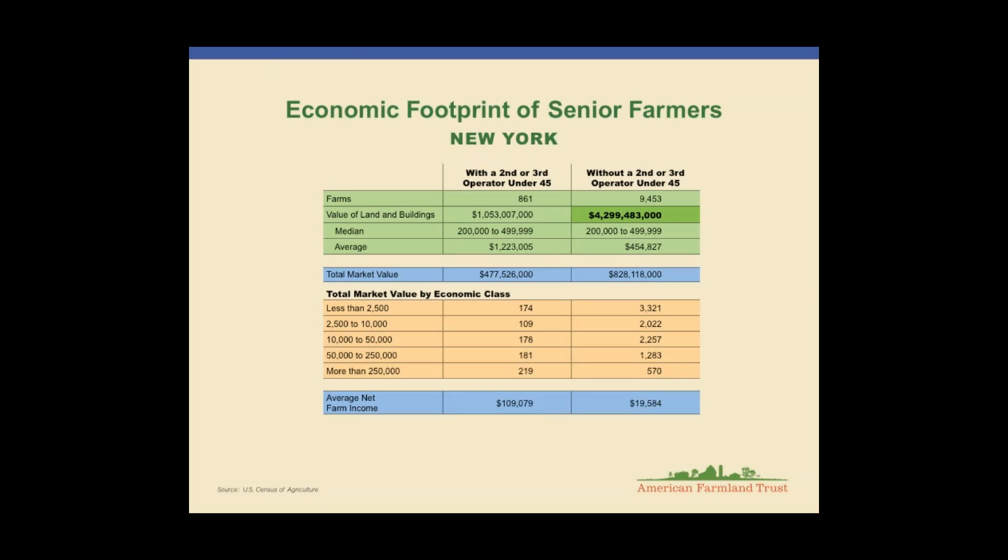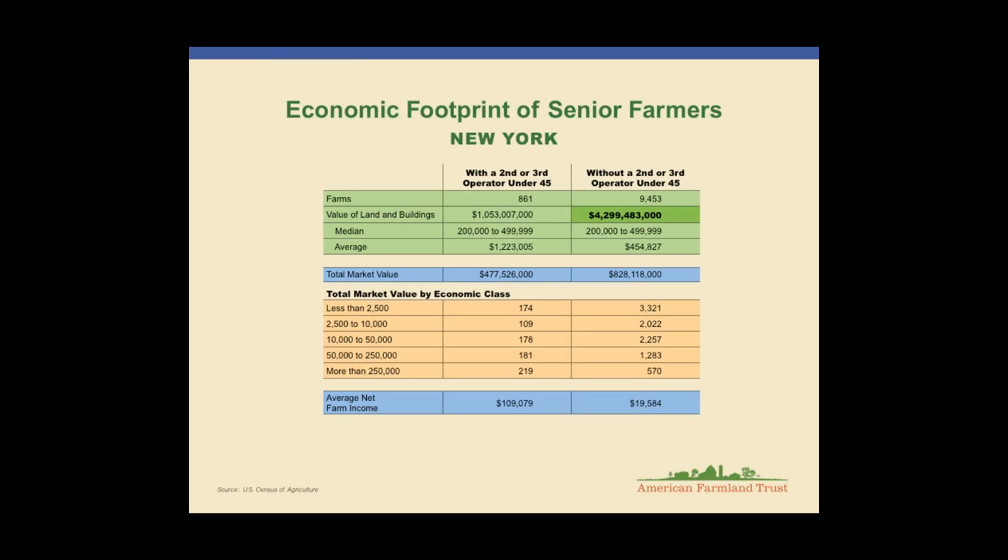And when you think about it, it's $4.3 billion in assets that's going to transfer somehow, some way in the next 20 years or sooner. And thinking from that perspective, what are the tools that are going to be needed to help encourage that transfer of assets in a way that works for both the exiting farmers and for entering farmers in New York and New England.